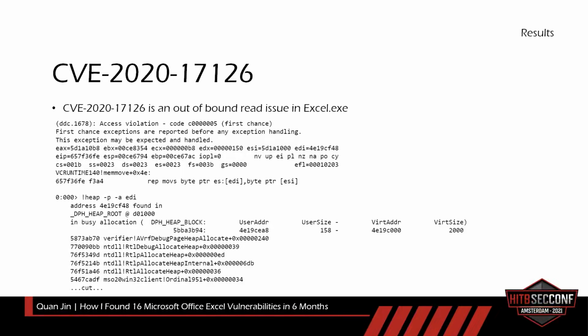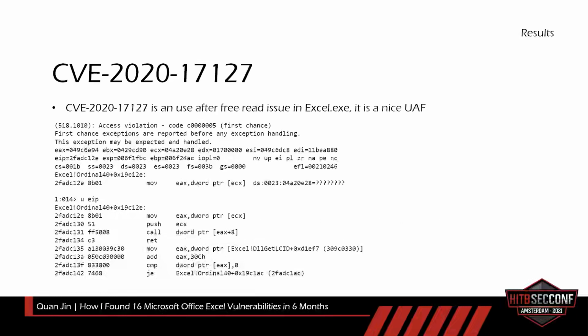Let's see the third one. CVE-2020-17127 is a use-after-free read issue in the Excel process. It is a nice UAF. We can say it tries to read a virtual function table from ECX and save it to EAX, and then it tries to read a function address from EAX plus 8 and call this address.